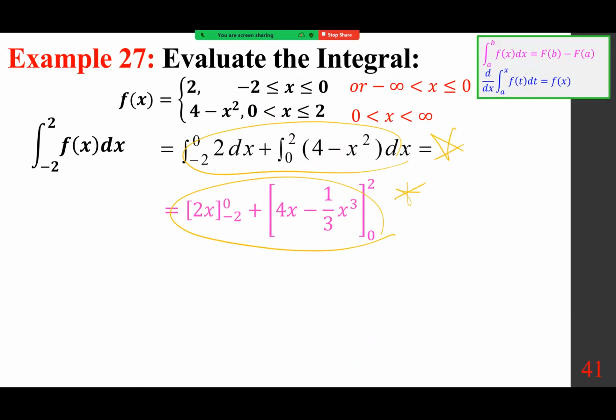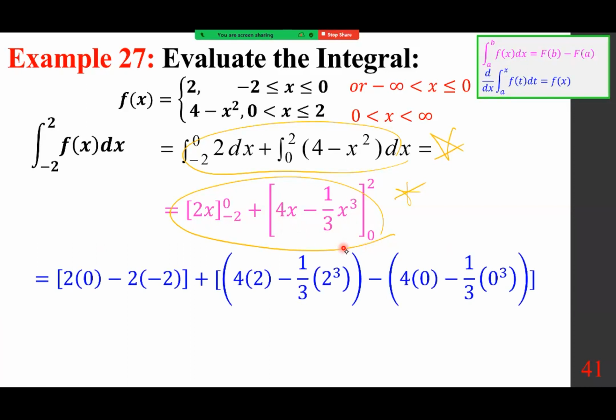Now we just plug in, okay? So what happens when we plug in? We plug in 0 here, so 2 times 0 minus, we plug in -2, 2 times -2. Then we plug in 2 here, 4 times 2 minus 1/3 times 2 cubed, minus, then we plug in 0. 4 times 0 minus 1/3 times 0, you may recognize it's 0, you don't have to put it.